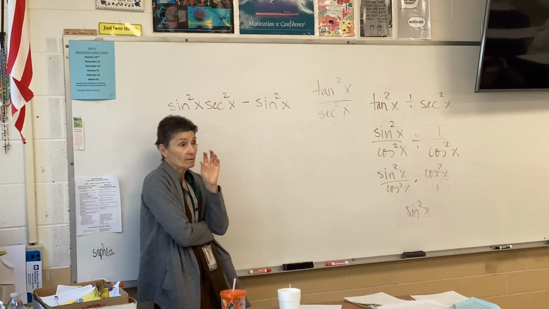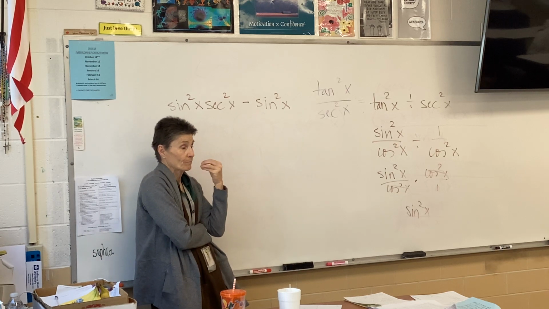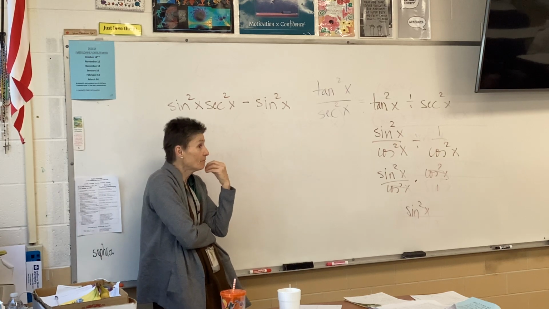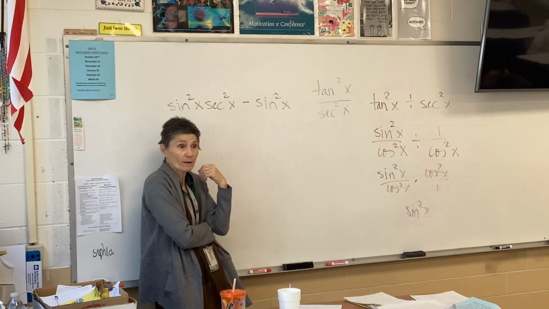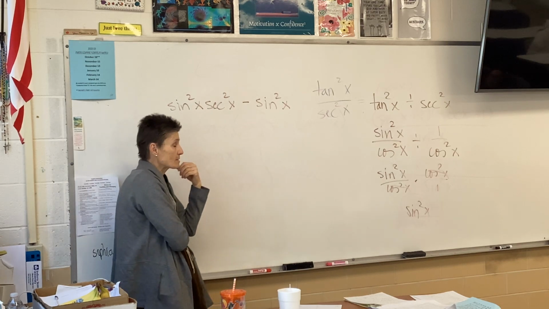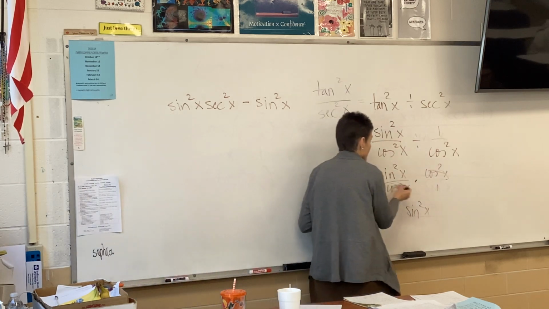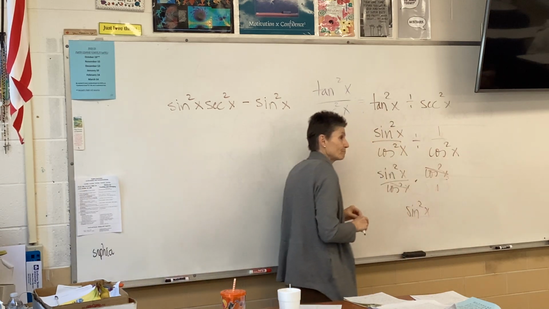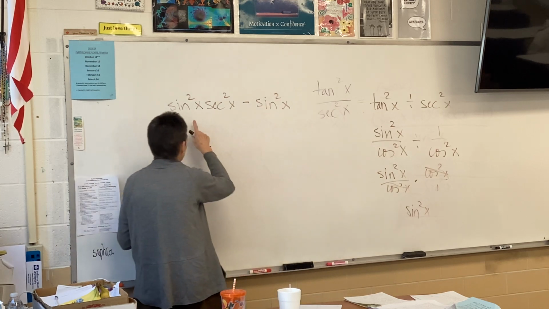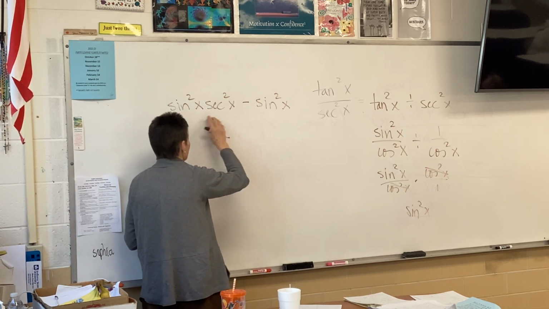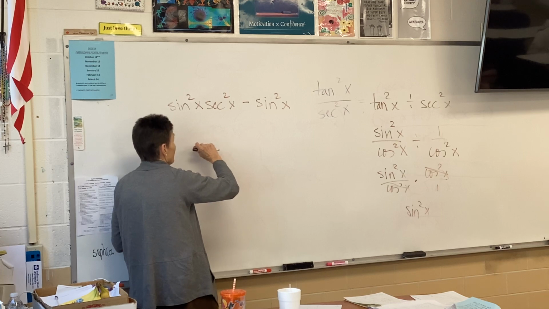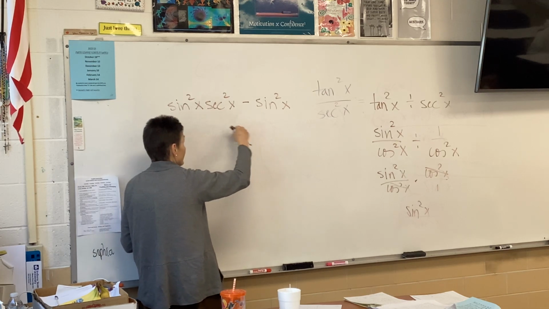Combine them. We can factor them out. It's like a GCF, we can take out the sine squared. They don't cancel because, first of all, they're not being multiplied. You have to have something like this going on to cancel them, right? These are not like terms, so you can't subtract and cancel, because this one has a secant, this one doesn't.